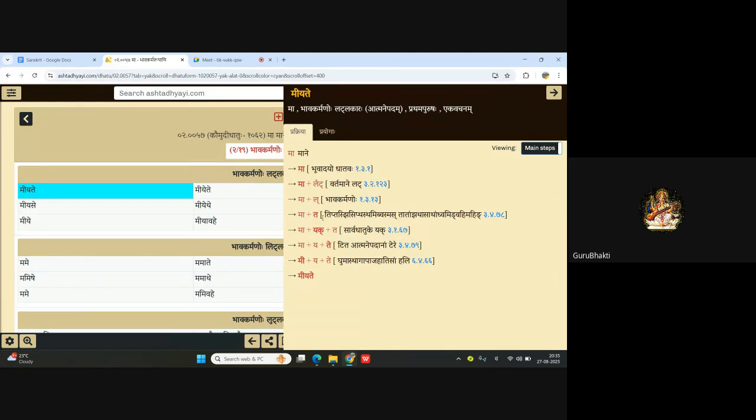So takara is there. When we are doing karmani prayoga, then yak pratyaya will come by sarvadhatuke yak.